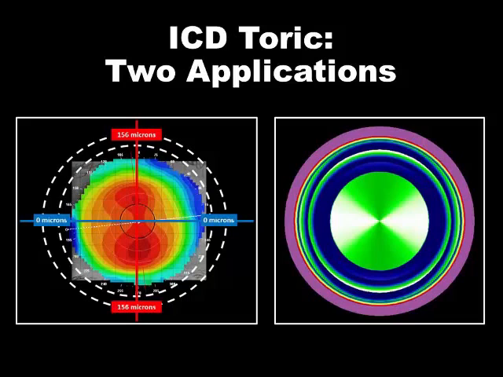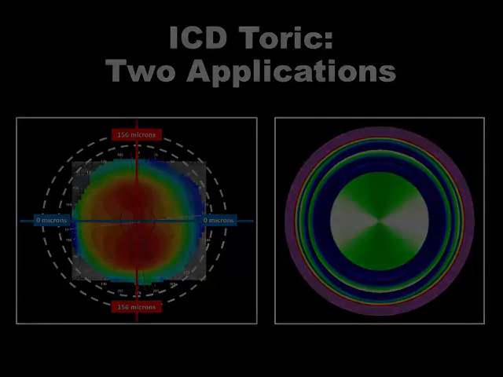So we need the toric for both types of applications. The standard toric will have a mild amount of asymmetry in the periphery to keep it on axis, whereas a lens fit to a highly toric sclera can be almost any degree of toricity. So it's custom manufactured based on what you see with the trial lenses.